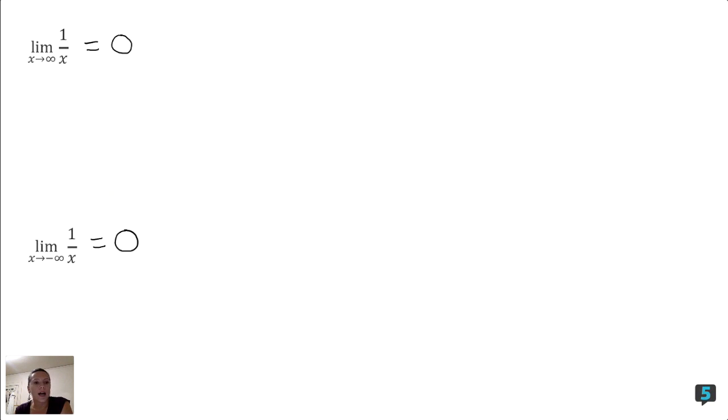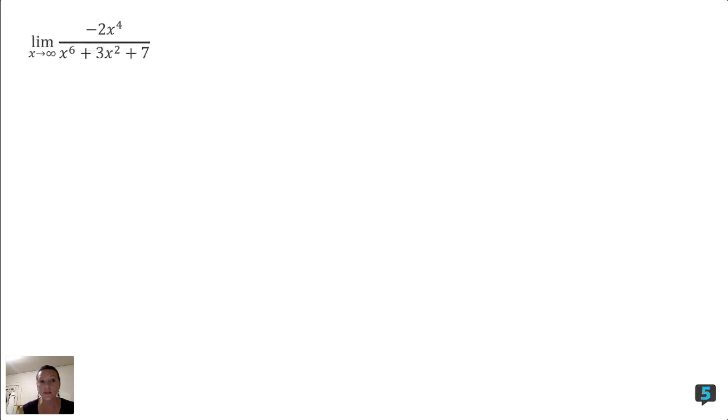So let's use this knowledge now that we've just gained about the limit as x approaches infinity and negative infinity for 1 over x to explore some other limits a little bit further that are similar but a little bit different, okay?